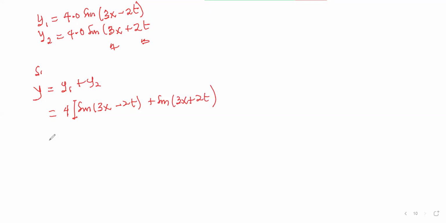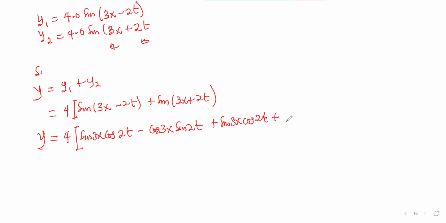So in effect, y will be equal to 4 times sine 3x cos 2t minus cos of 3x sine of 2t plus sine 3x cos 2t plus cos of 3x sine of 2t, and this will cancel out.